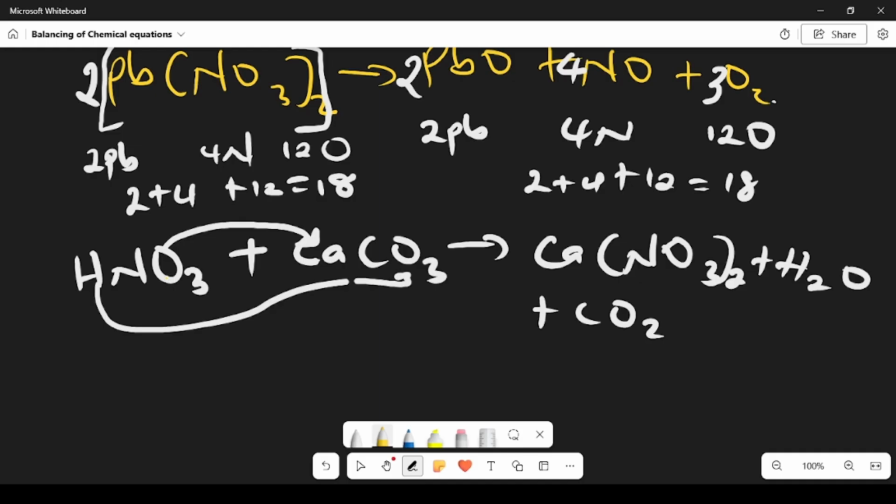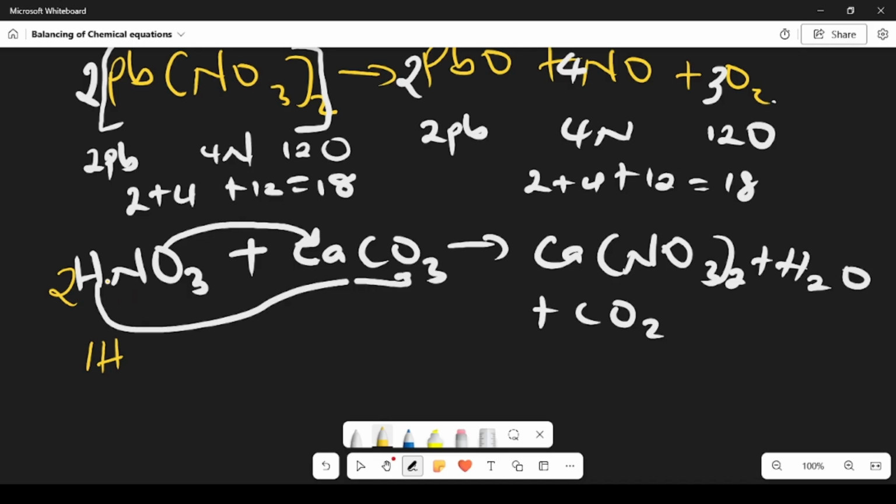So the first compound, which is HNO3, has one atom of hydrogen. And here we have two atoms of hydrogen. Is that okay? So that is not balanced. You have to balance it very well. And to balance that, you have to add 2 here.